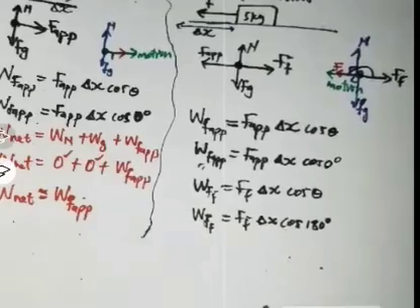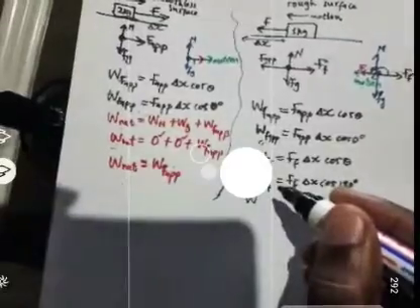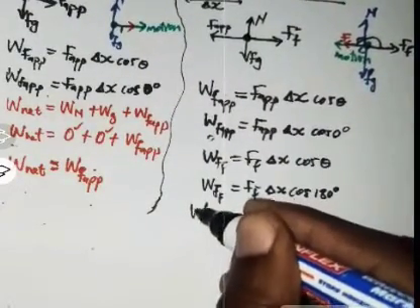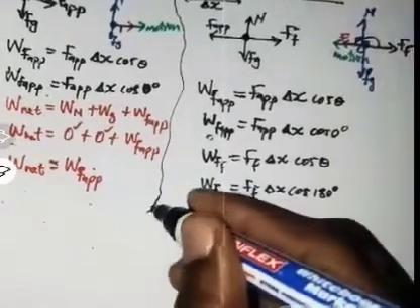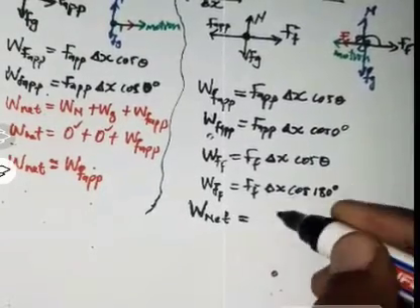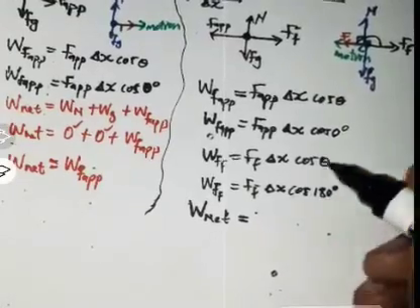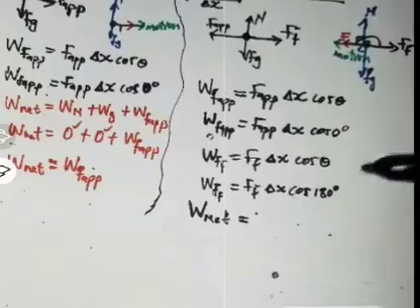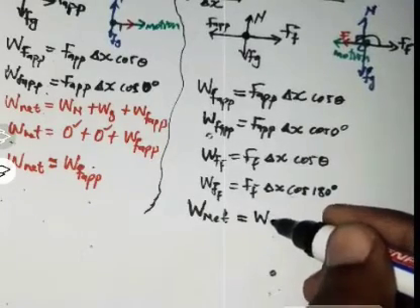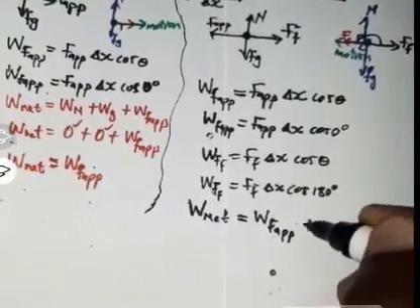And then of course, if we are looking for work net, in this case the normal force and the gravitational force are 0. So this will be the work done by the force applied plus the work done by the frictional force.